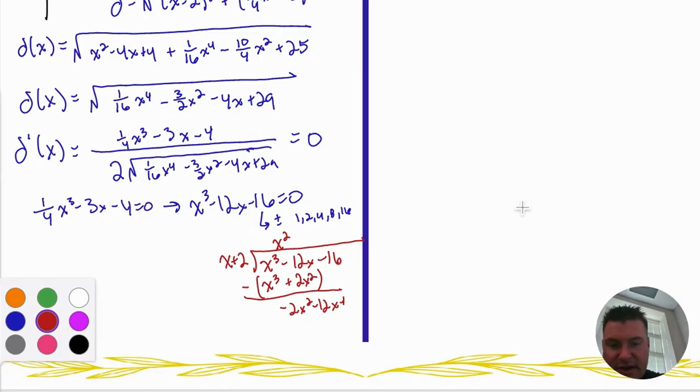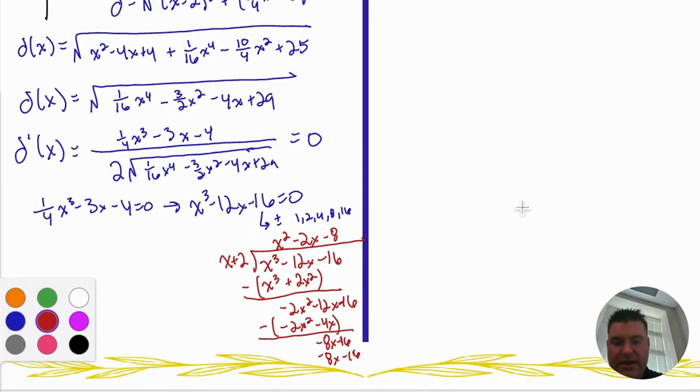Drop everything else down with that, and we're going to get minus 2x, so -2x squared minus 4x. We subtract that all the way through, and we end up with -8x minus 16.